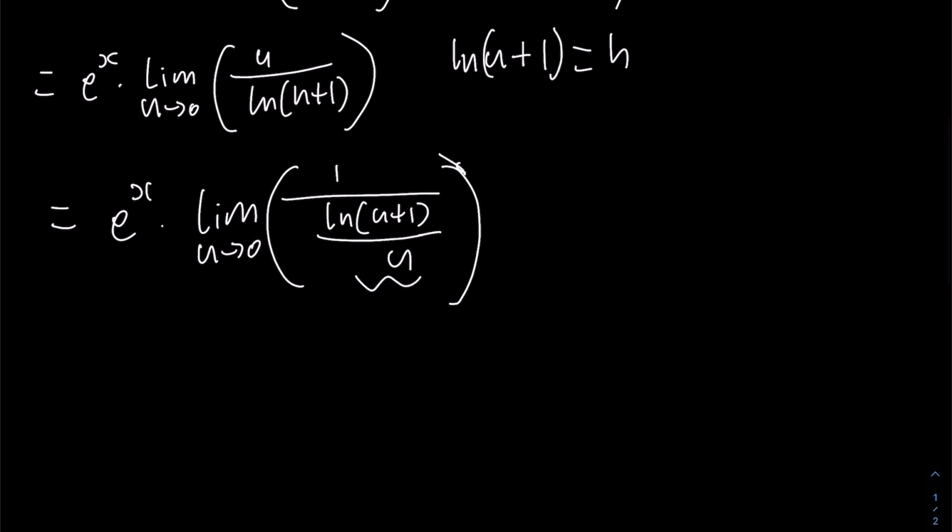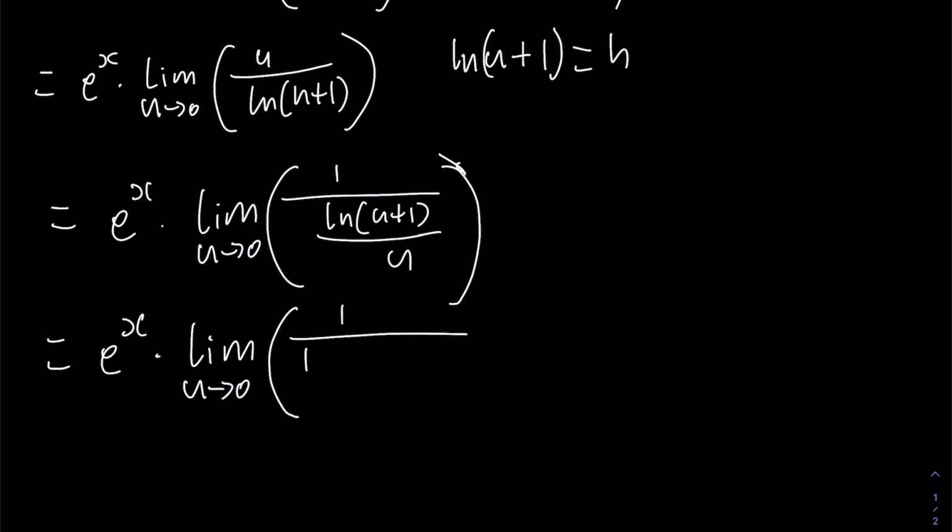Just to illustrate the concept here so that we can apply this with more complicated examples. So here, we can write this over u as 1 over u multiplied by the natural log of u plus 1, like so.